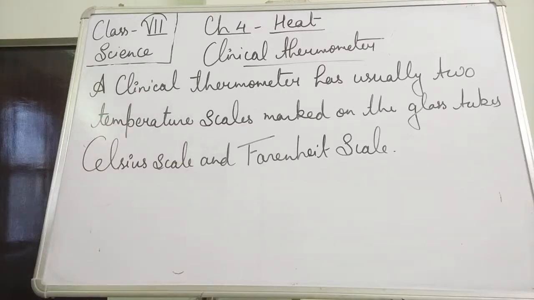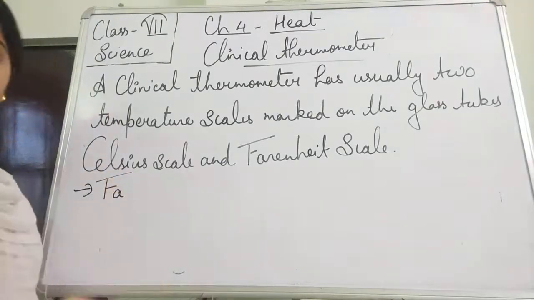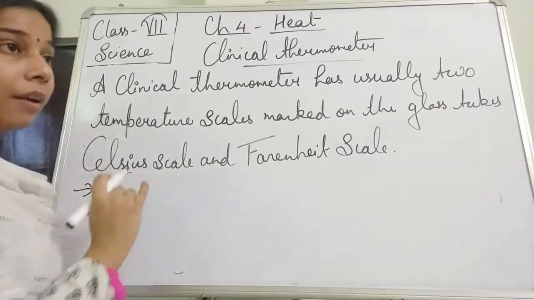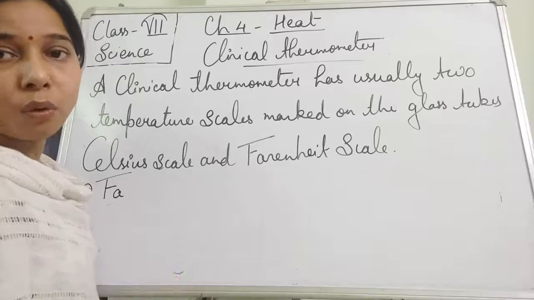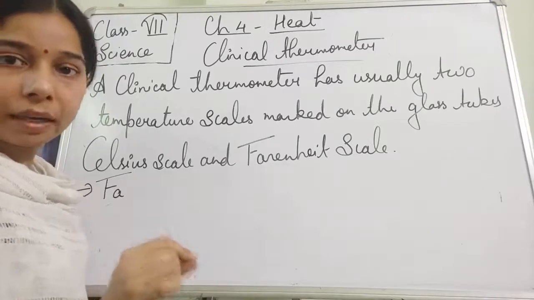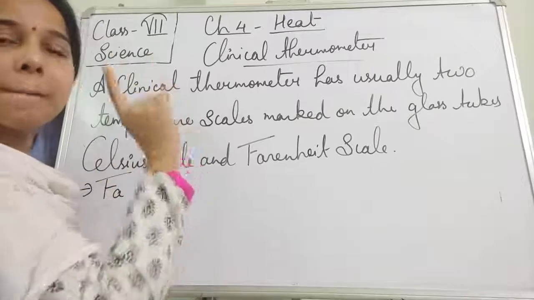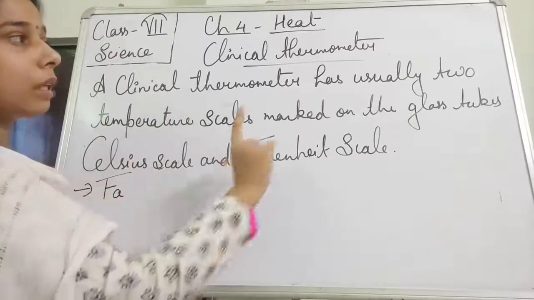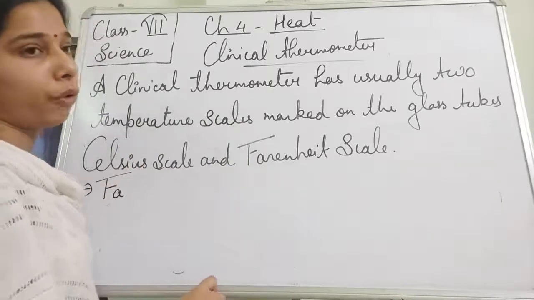Now, the Fahrenheit scale range is between 94 degree Fahrenheit to 108. We have seen that laboratory thermometers range from minus 10 degrees Celsius to 110 degrees Celsius. Then the clinical thermometer has a range of 35 degrees Celsius to 42 degrees Celsius.